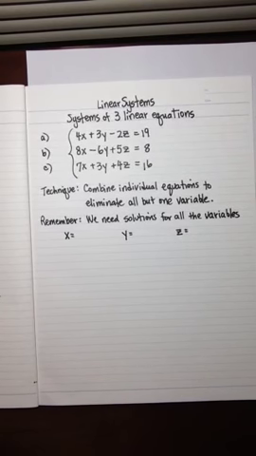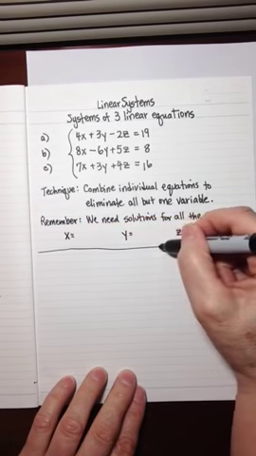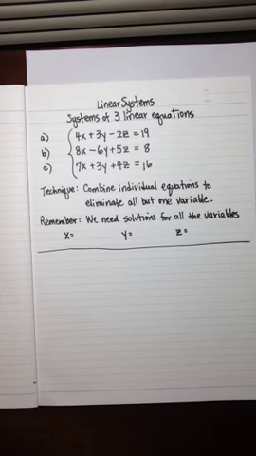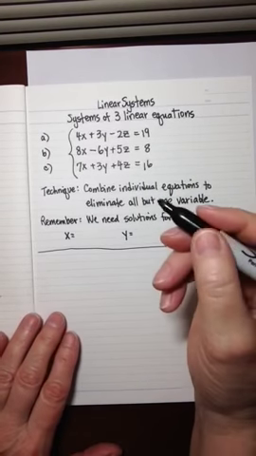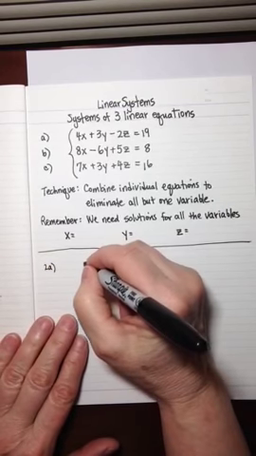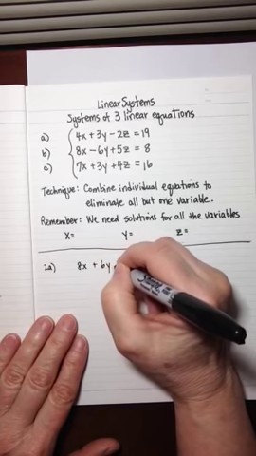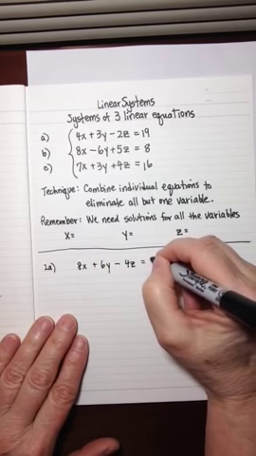Now remember, if you multiply an entire equation by the same number, you have not changed the value of the variables, you've only changed the form of the equation. So I'm going to multiply the first one by 2, and I'll call that 2A, that's going to give me 8x plus 6y minus 4z equals 38.